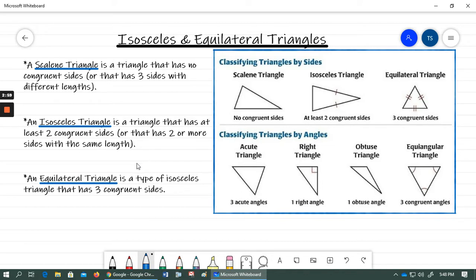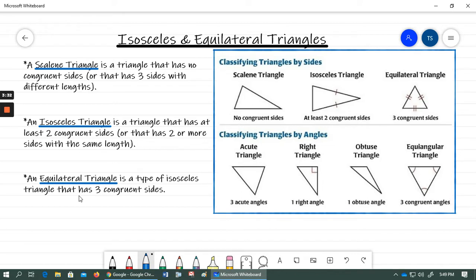And then an equilateral triangle is a type of isosceles triangle that has three congruent sides. So when I say that it's a type of isosceles triangle, what that means is that every single equilateral triangle is also an isosceles triangle, because equilateral triangles are a type of isosceles triangle. Now, is the opposite of that true? No, definitely not.